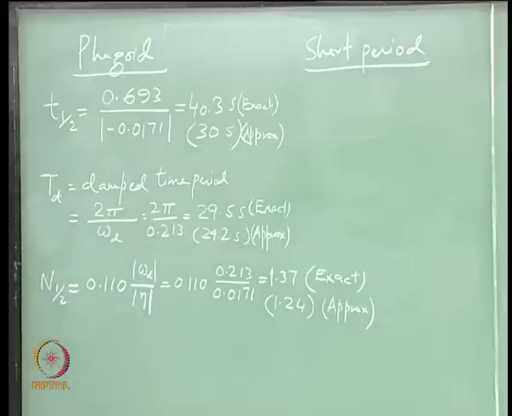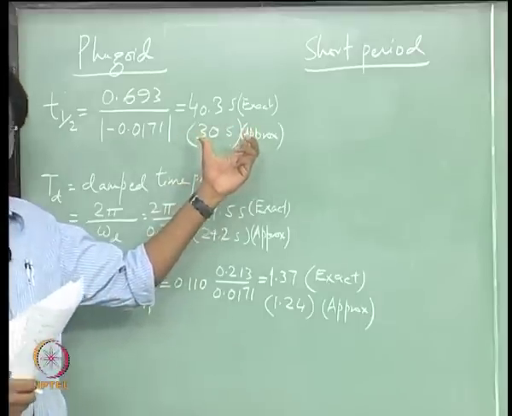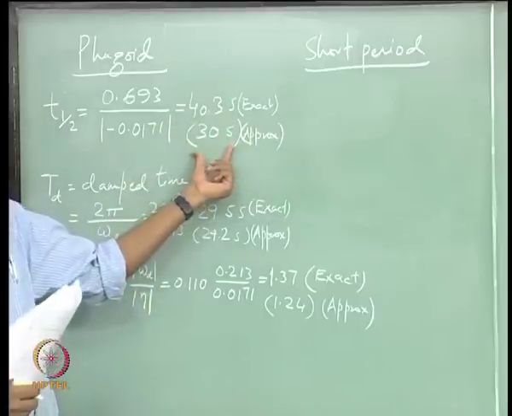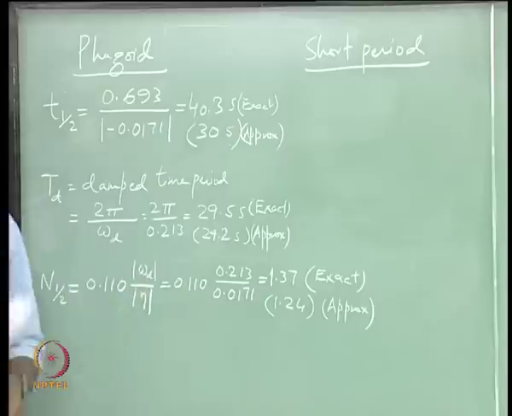The approximation involved was that delta alpha, the change in angle of attack, is 0, and that is resulting in an error. This is the exact value and this is the approximate value, so there is a huge amount of error involved.